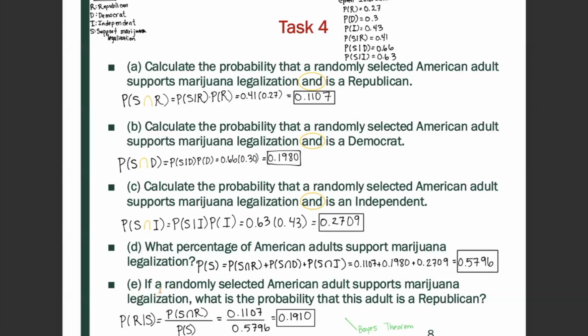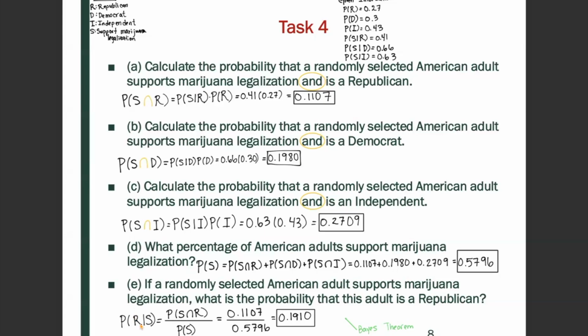Part E. If a randomly selected American adult supports marijuana legalization, what is the probability that this adult is a Republican? So here we're going to use Bayes' theorem.